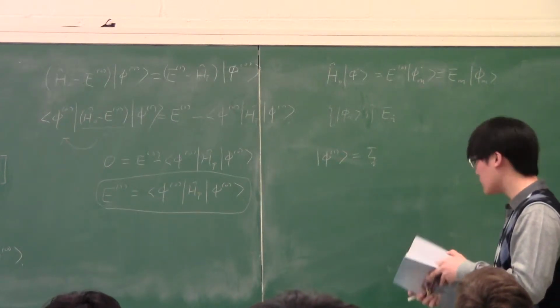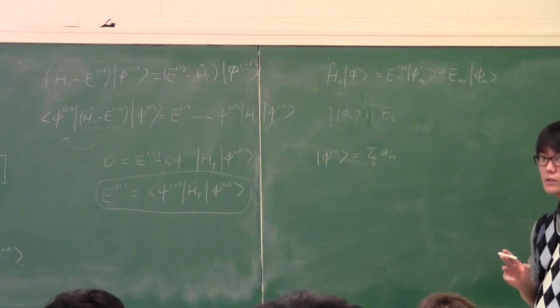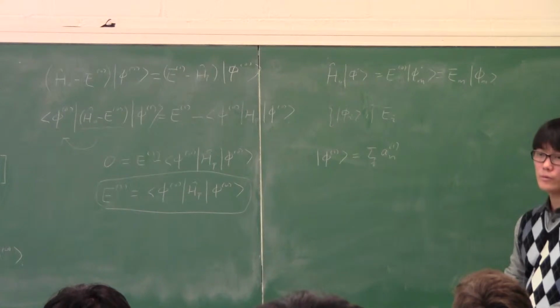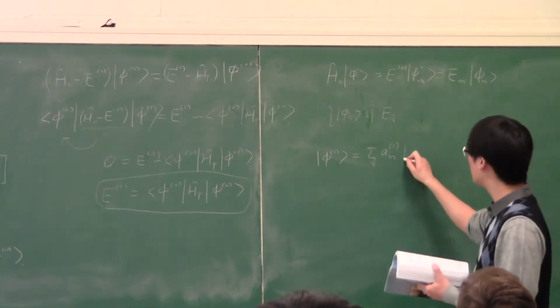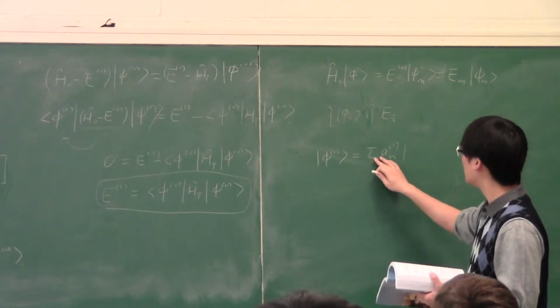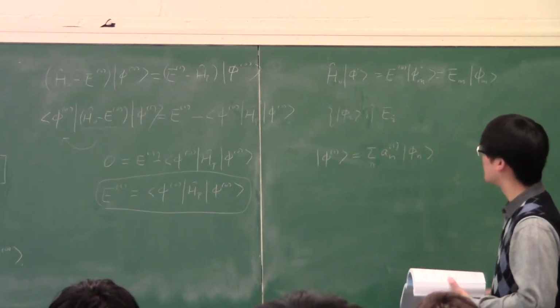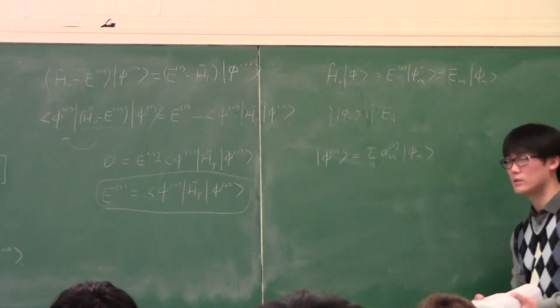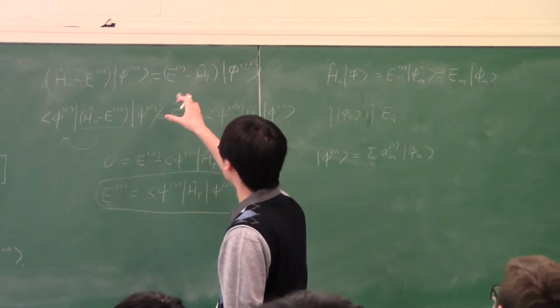Let's use a_n, and to indicate that we're calculating the first order correction to the wave function, let's say that this is a_n1. Something like this. Right? So now I go ahead and plug it into that equation, this equation over here.